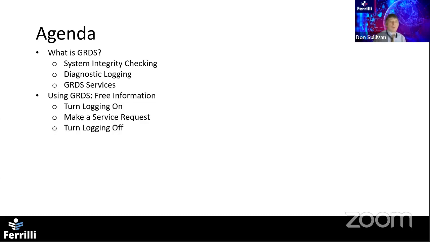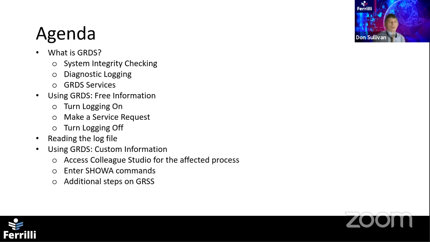We'll also talk about using GRDS free information, and that's turning logging on, making service requests, turning the logging off, reading the log file, and using GRDS custom information. So access to Colleague Studio for affected processes and entering the ShowA command and additional steps on GRDS.